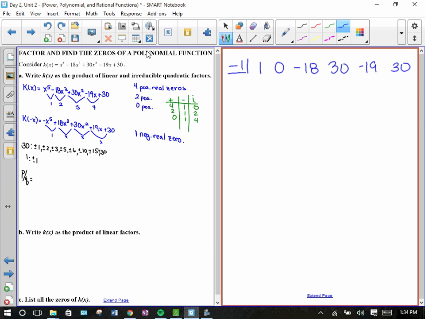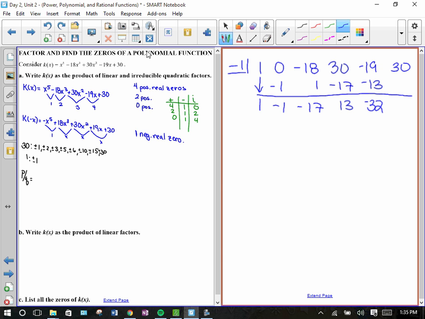You just put a 0 there for the missing term. Bring the 1 down. Negative 1 times 1 is negative 1. Then negative 17, negative 13, that's going to be 19, 20, 32.